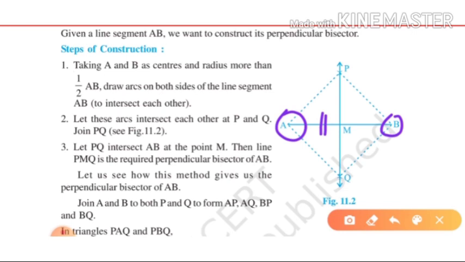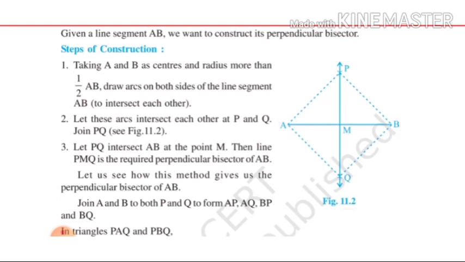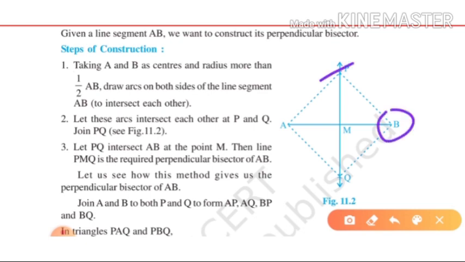We draw one arc taking B as center, and then again taking A as center we draw another arc. They will cut each other, and we have to do it on either side of the line segment AB.